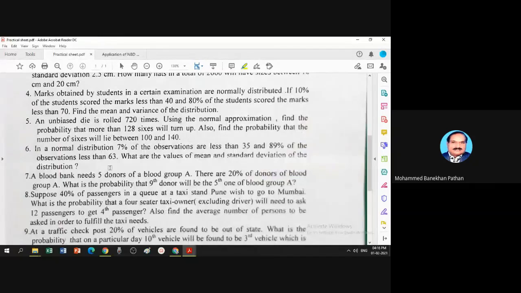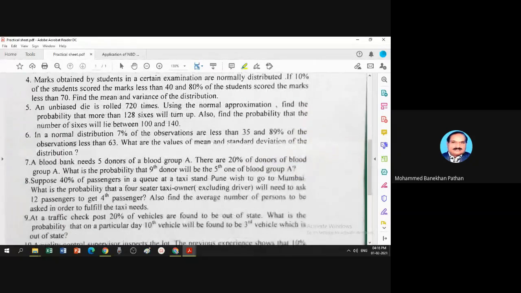Last question, then we'll stop. In a normal distribution, 7% of the observations are less than 35, 89% of the observations are less than 63. What are the values of mean and standard deviation of the distribution?